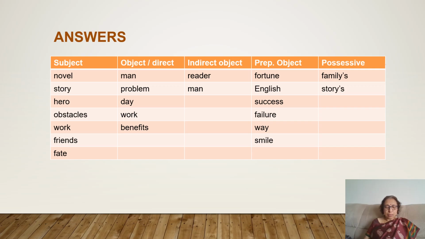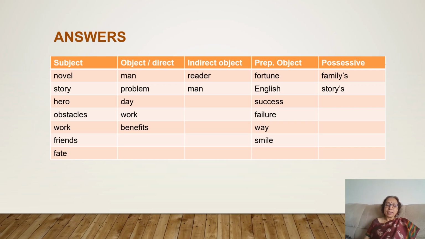Many obstacles here is the subject, come in his way. Way is now the prepositional object because in is a preposition. He faces every problem. Problem is object because faces is the verb, object is problem.